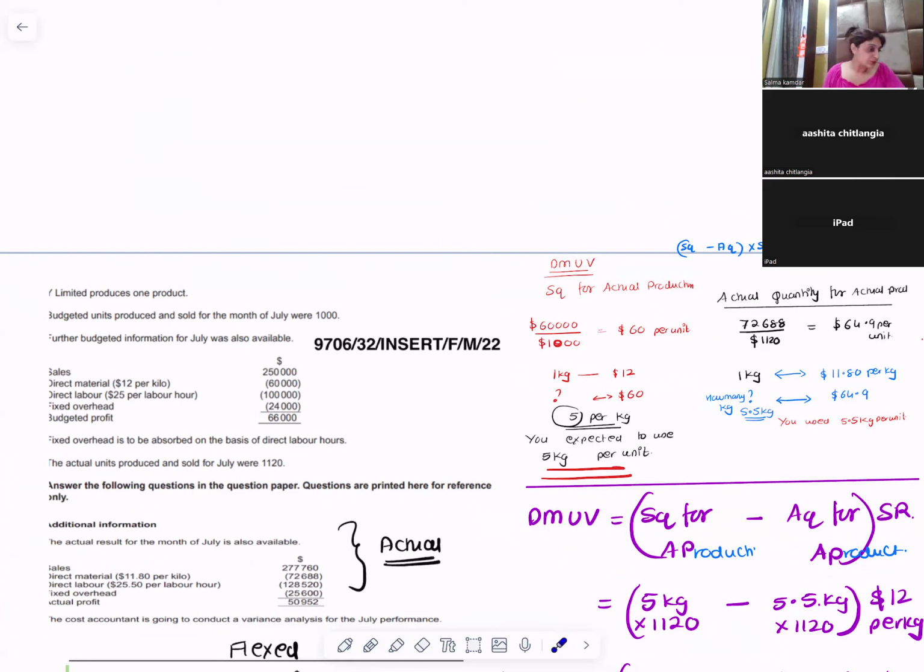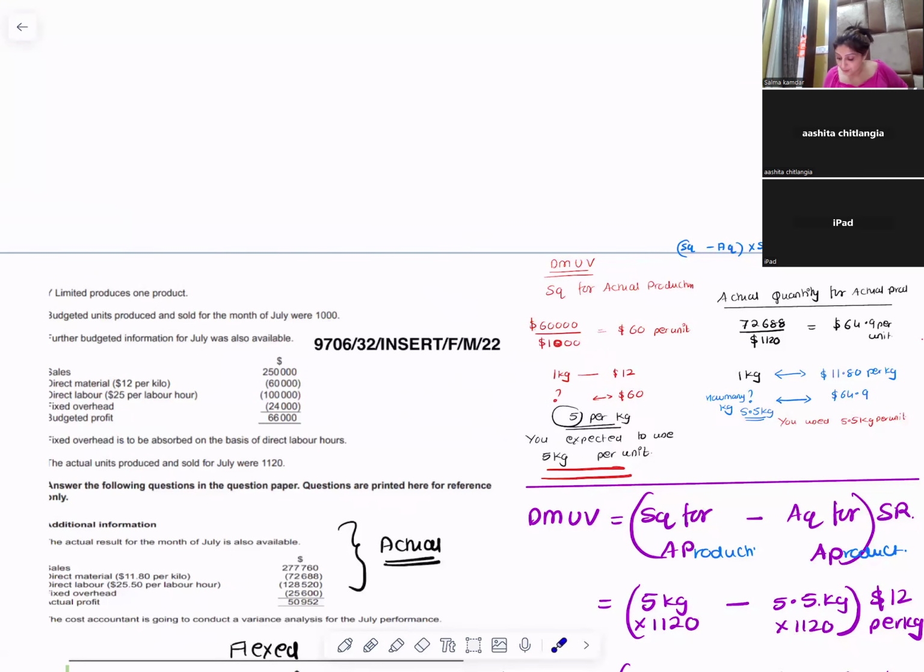Let's talk about the standard quantity that you expected to use per unit. You have paid 60,000 for 1,000 units. So your direct material cost per unit was $60. The direct material is 12 per kg. How many kg did you expect to use per unit?